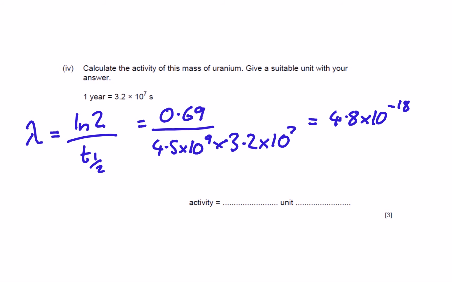The activity is the decay constant multiplied by the number of atoms, because the decay constant is the probability of a single atom decaying.